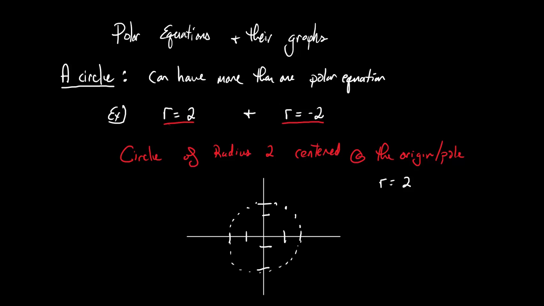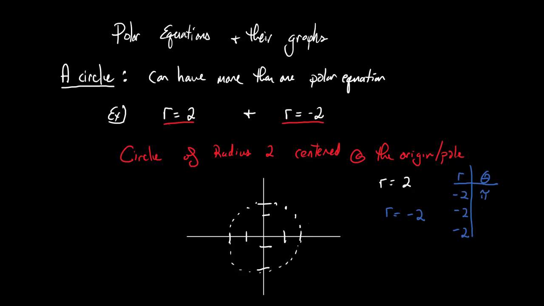Very similarly, if r equals -2, if I were to do a t-chart of r and theta, -2 is always the value for r, and theta would be equal to a value of pi.